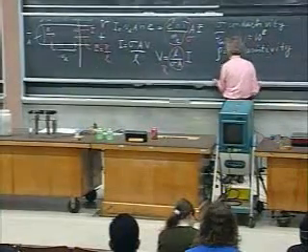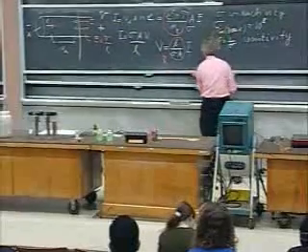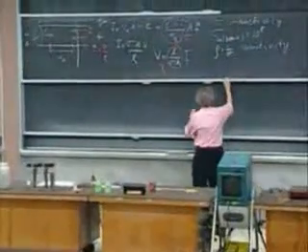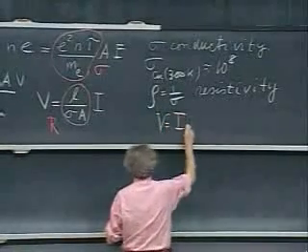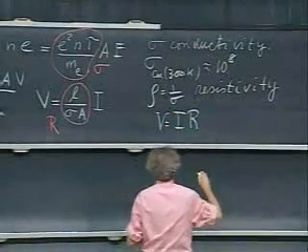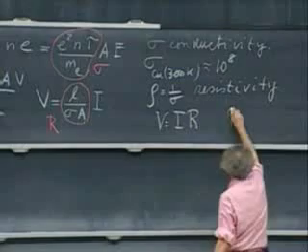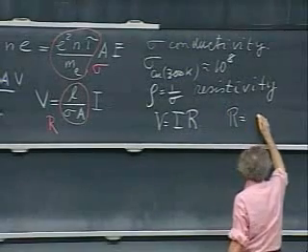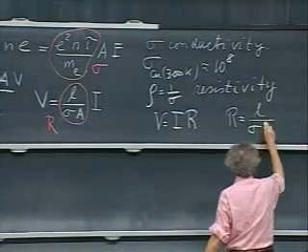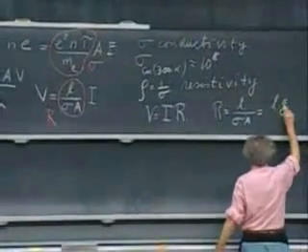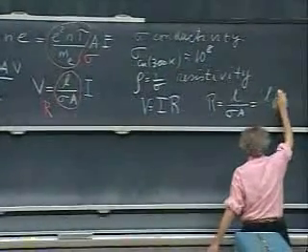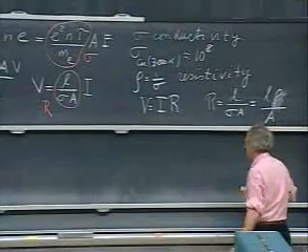So either one will do. So you can also write down, V equals IR, and this R then is either L divided by sigma A or L times rho divided by A. That's the same thing.